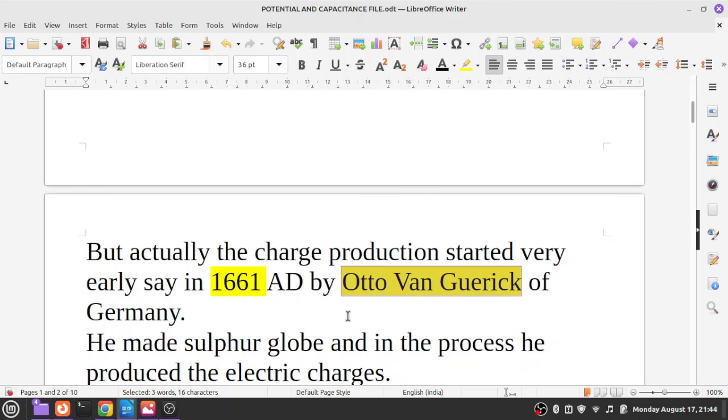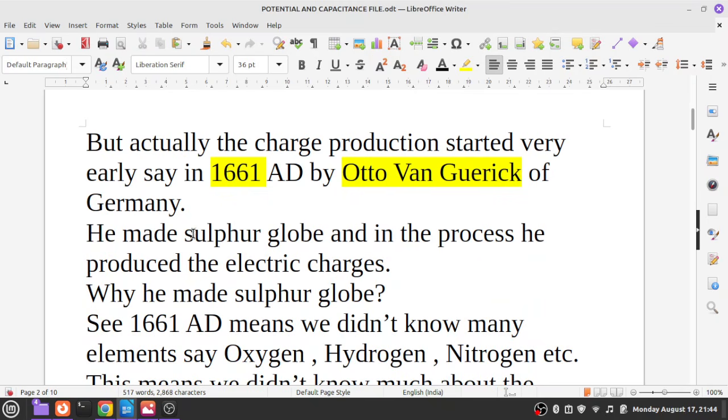How did he produce it? He made a sulfur globe, and in the process he produced electric charges.